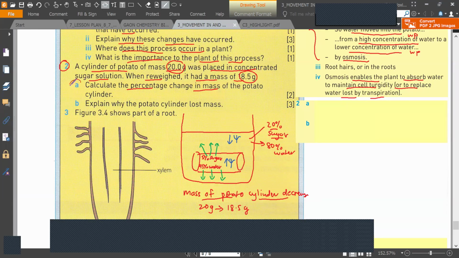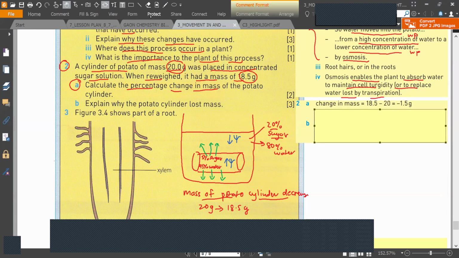First question, calculate the percentage change in mass. This kind of question can come up quite a lot. How do we calculate? Step one, we find out how much the mass decreased. 18.5 minus 20, it decreased by 1.5 grams.